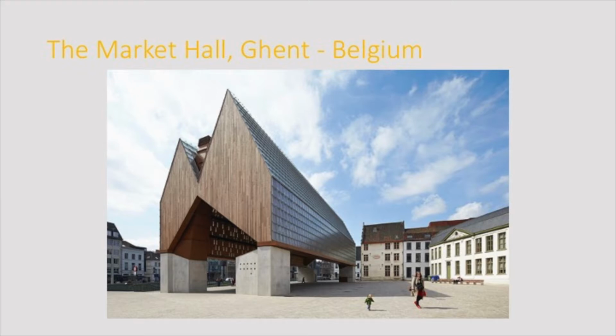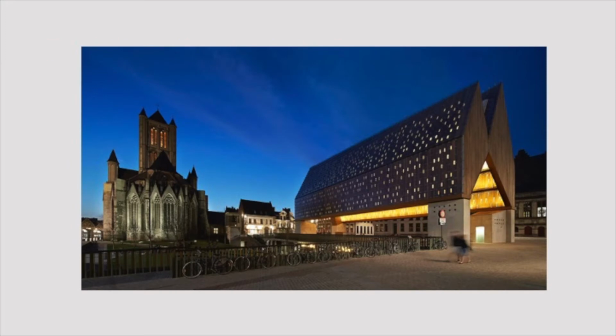The market hall is made by wooden ceilings and small windows that bring the light inwards, which causes a glass-like envelope that protects the wood. The market hall in Ghent, Belgium, is a great example of Gothic architecture in today's society.